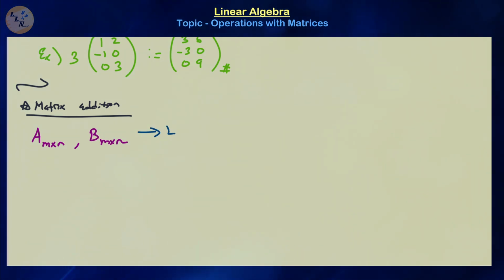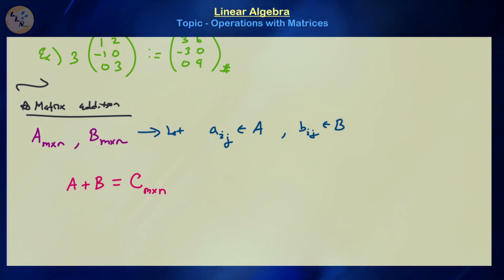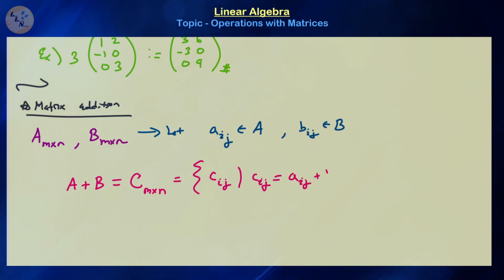So let us assume Aij is a particular element in matrix A, and let's assume Bij is a particular element in matrix B. So the sum of matrices, A plus B, is equal to the new matrix C, which is also going to be an m by n matrix, consisting of a bunch of elements, let's call them Cij, where Cij is defined to be equal to the sum of Aij plus Bij. So that's how we define matrix addition.